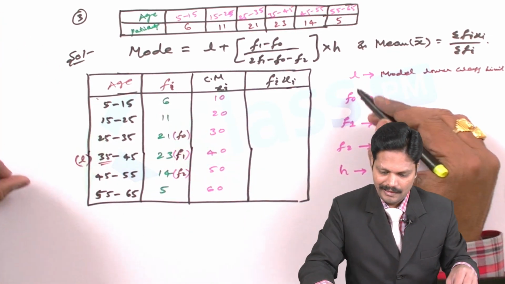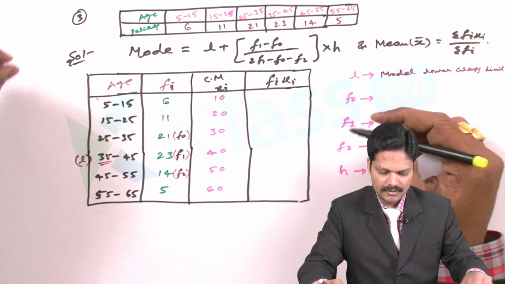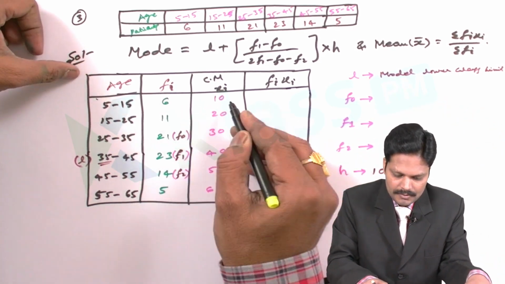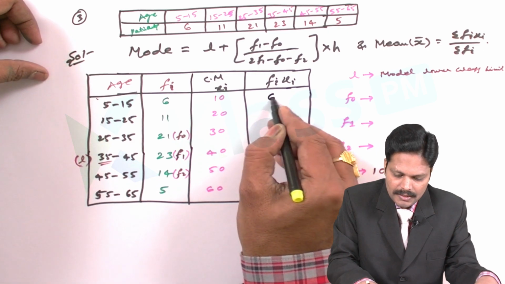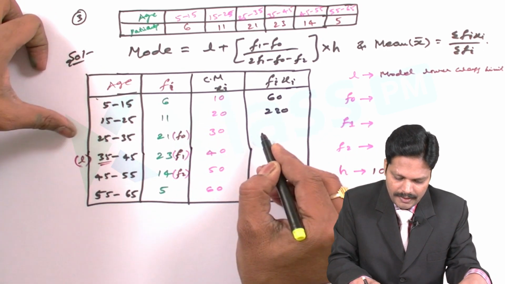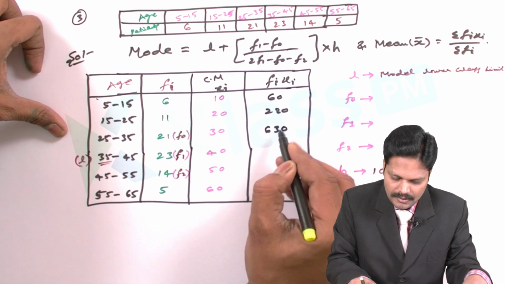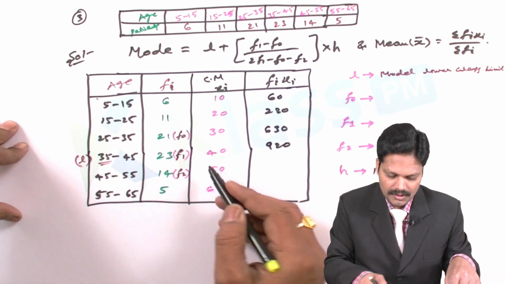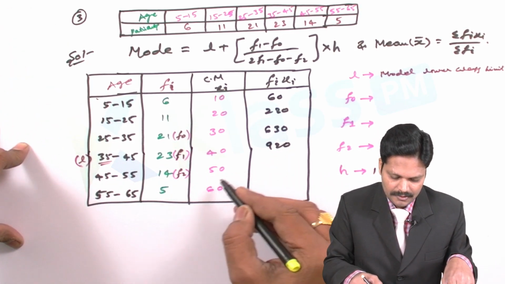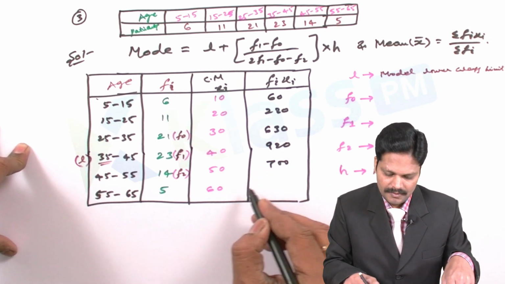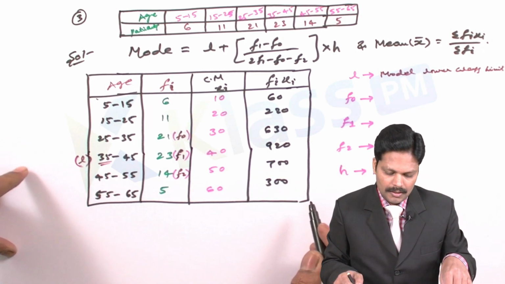So we have L, F0, F1, F2 and h values. Only one thing remains: to multiply the values here. So 6 into 10 is 60, and here we are having 220, 630, 920, 700 and 300.